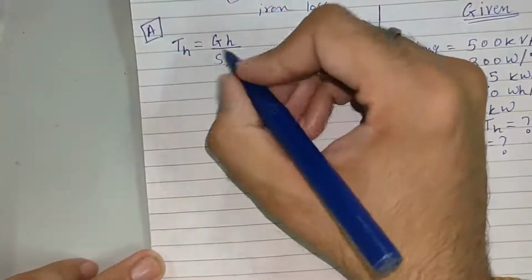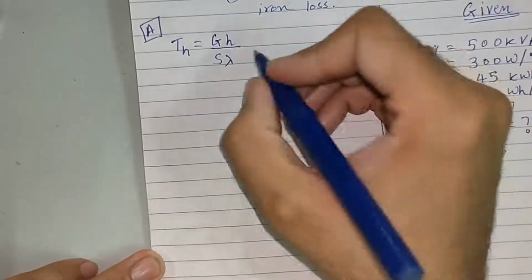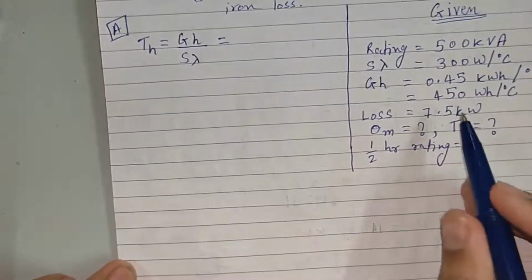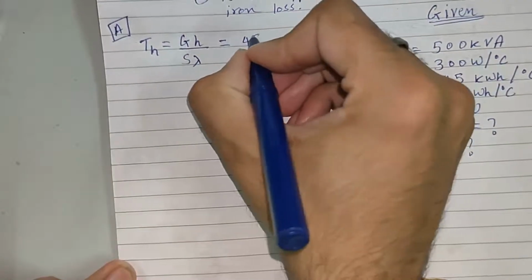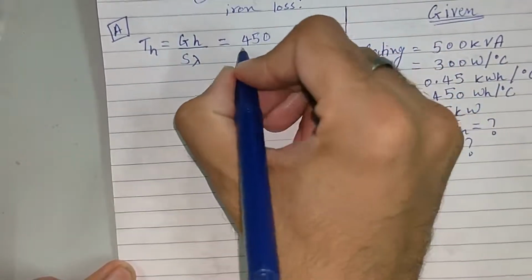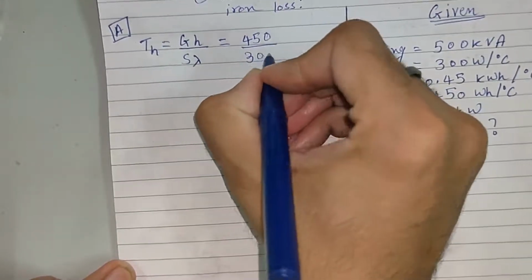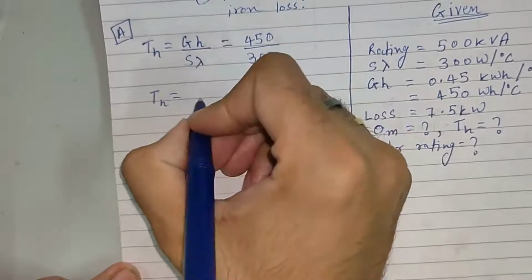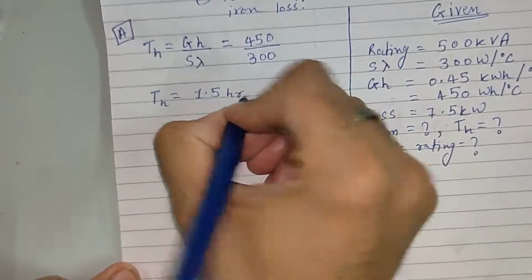Here the individual terms are not given, but the product of the terms is already provided to us in the question. So the value of GH, as we saw in the given part, is 450 divided by S lambda is 300. So the value of Th becomes 1.5 hour.